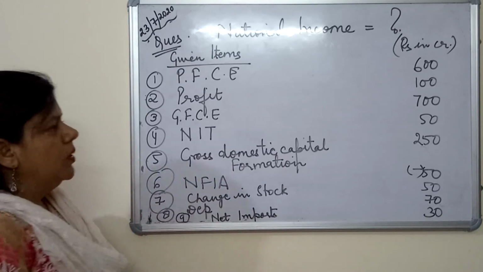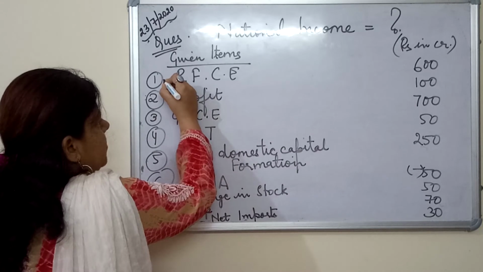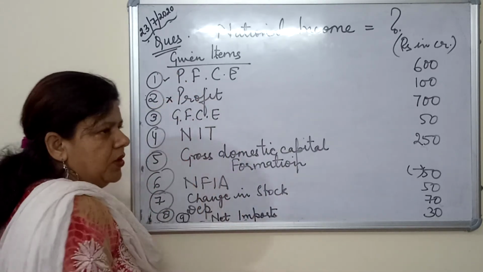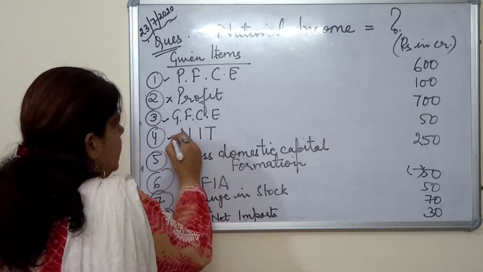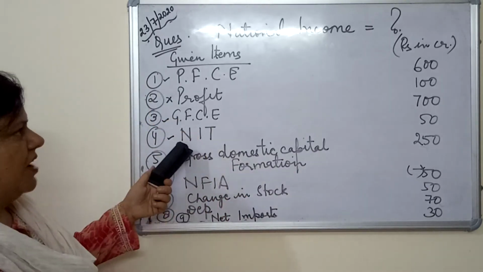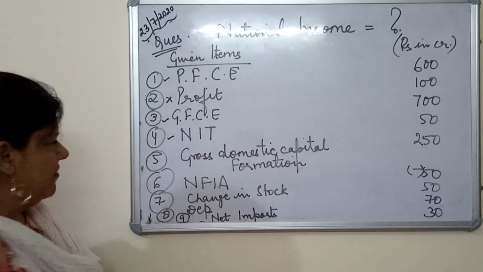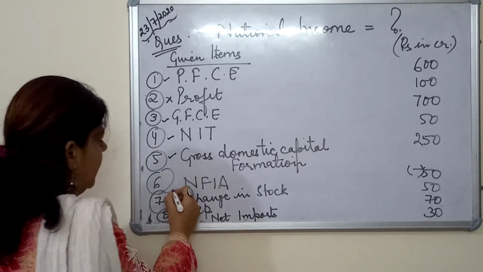Now see what you will be including and what you will not be including. By the expenditure method, you will be including this. Profit you will not be including, because it is the income method. This you will be including, because you have to convert to national income, that is NNP at factor cost. Gross domestic capital formation you will be including.